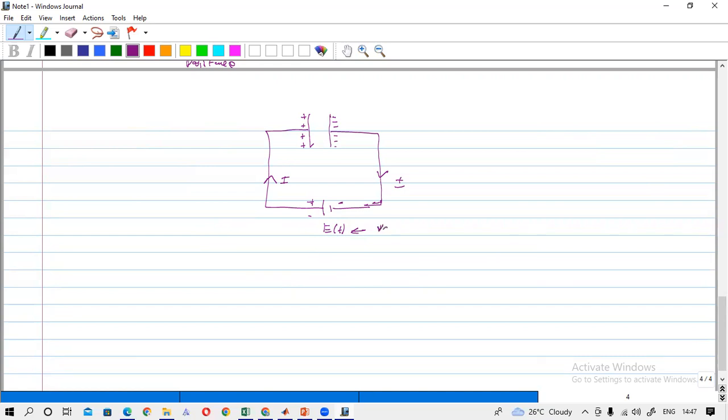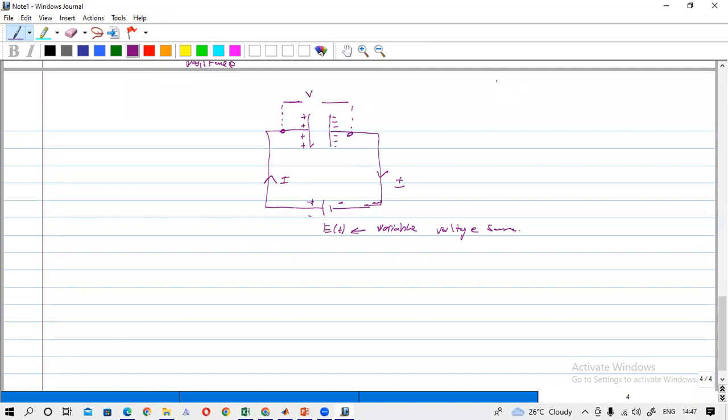Now we want to find the voltage V between this capacitor.